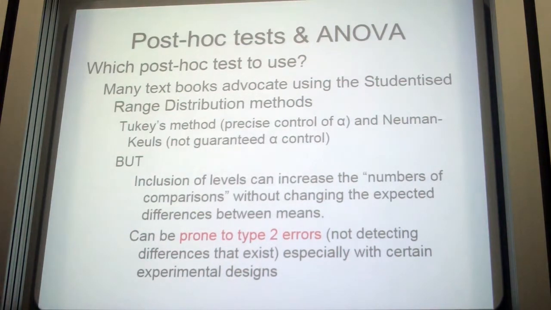And it shouldn't do, because if there are effects there, they don't depend on the number of other comparisons. So you need to be cautious about just willy-nilly using studentized range or how you use them. Okay, so these can be susceptible to type 2 errors, not detecting differences that exist. Again, that might or might not matter.